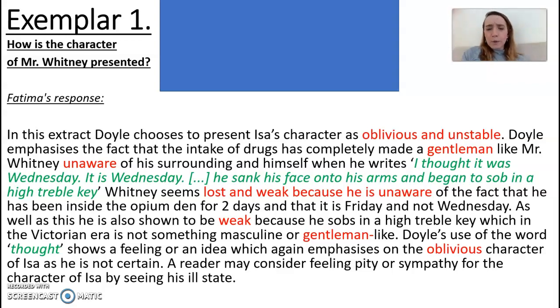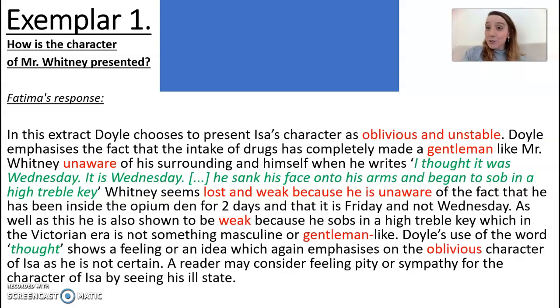Whitney seems lost and weak because he is unaware of the fact that he has been thrown inside the opium den for 2 days, and it is Friday, not Wednesday. As well as this, he is also shown to be weak because he sobs in a high treble key, which in the Victorian era is thought to be not something masculine or gentlemanlike. Doyle's obvious use of the word thought shows a feeling or an idea, which again emphasizes the oblivious character of Isa as he is not certain. A reader may consider feeling pity or sympathy for the character of Isa by seeing his ill state.